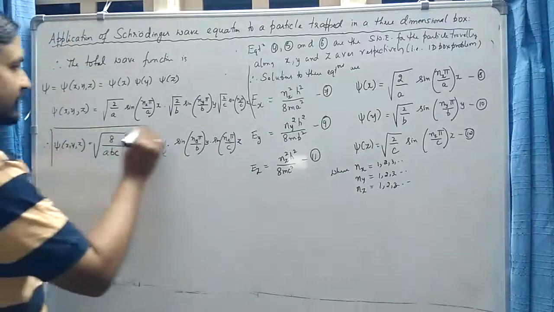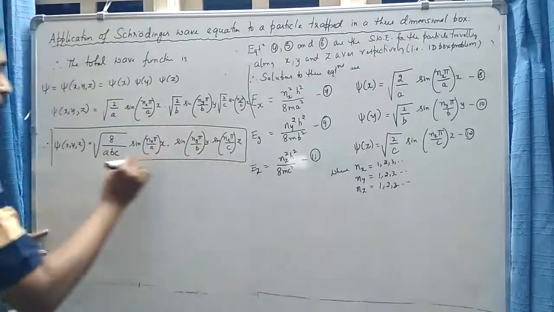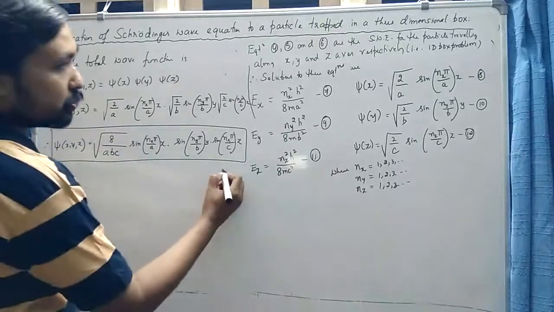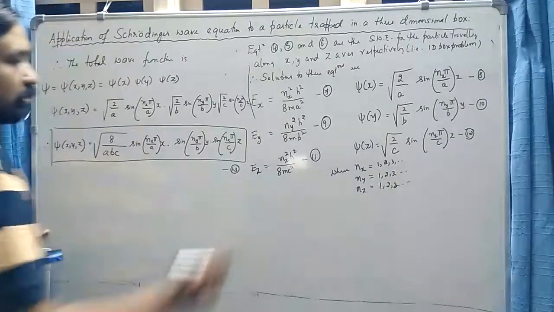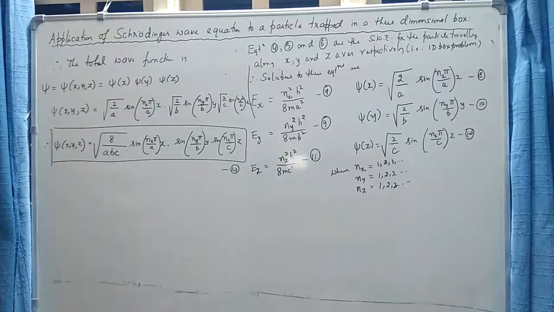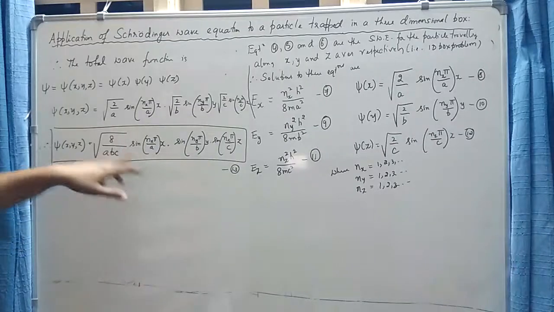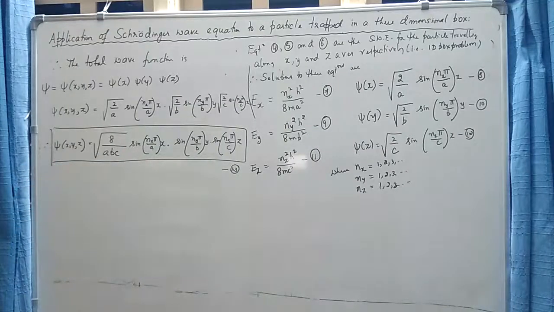So this is the wave function, the overall or total wave function of the particle trapped in the three-dimensional box. This wave function can be used to describe the state of the system, or the state of the particle trapped in the three-dimensional box of volume a into b into c.